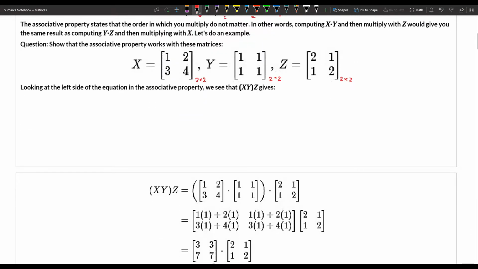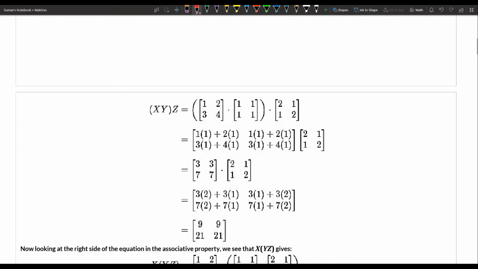At first we multiply X and Y, then we multiply Z. When multiplying X and Y, we get 1 into 1 plus 2 into 1, 1 into 1 plus 2 into 1, 3 into 1 plus 4 into 1 and 3 into 1 plus 4 into 1. That means the resultant of X and Y is 3 3 7 7, and now we multiply with 2 1 1 2.